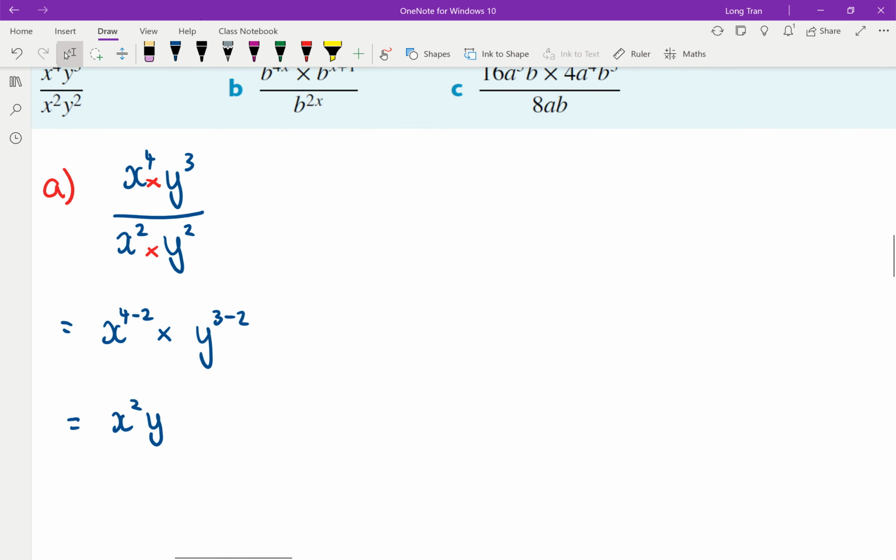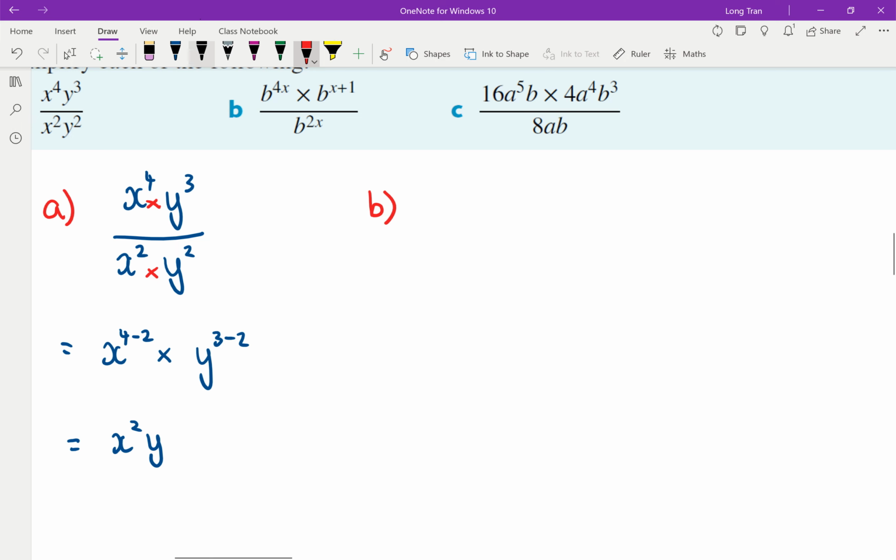Looking at part B, we've got b to the power of 4x times b to the power of x plus 1, all over b to the power of 2x. I like to write them all in one go here.